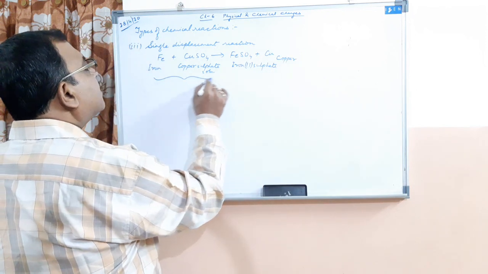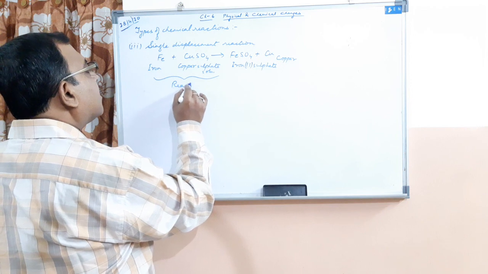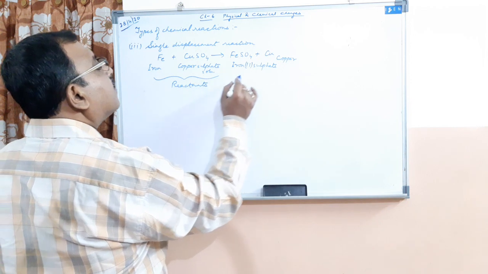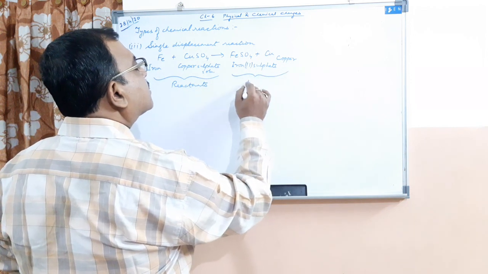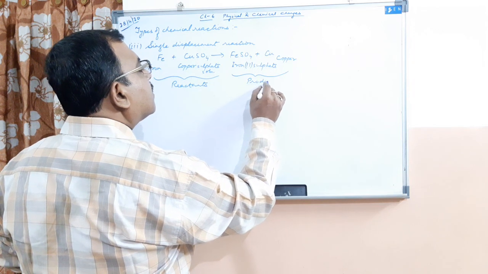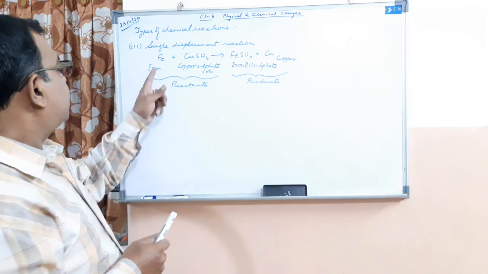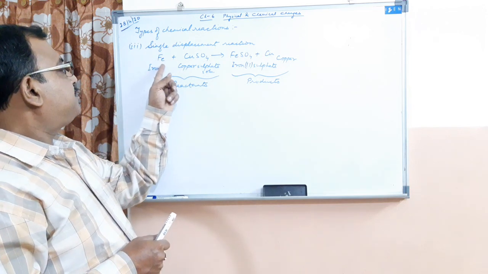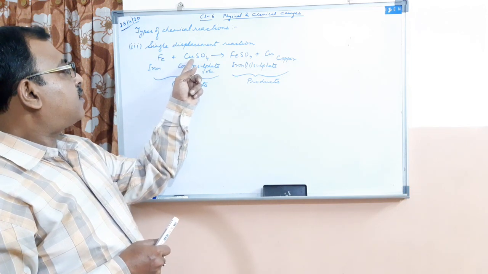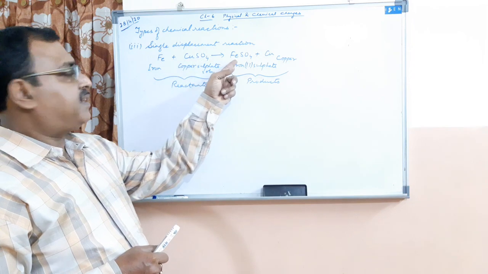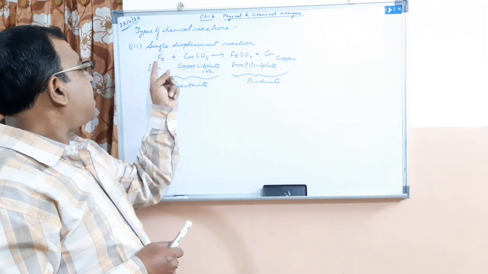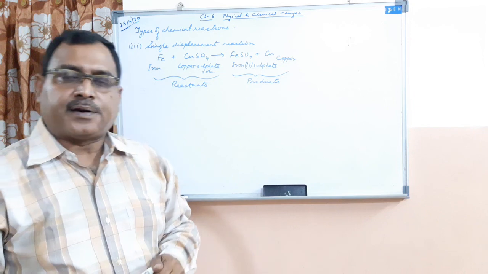So here these are the reactants and these are the products. So here iron displaces copper from copper sulfate and takes its place. Why? Because iron is more reactive than copper.